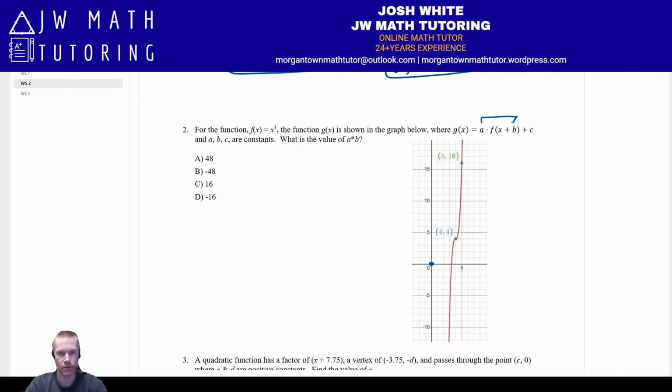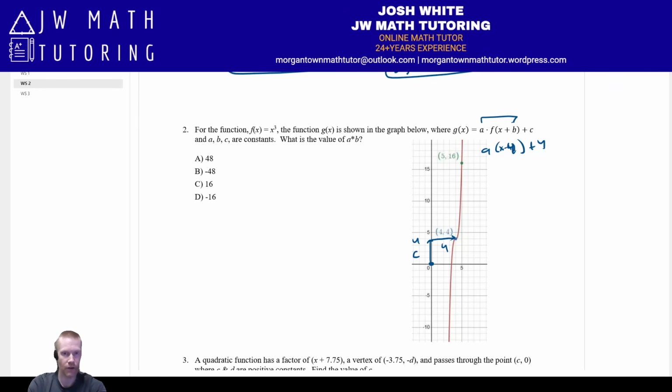So in other words, what's happening here is it's going up 4 and it's going right 4. That means the c value is going to be positive 4 because of the upward shift, and the b value is technically negative 4 because it's going to the right. So it's going to look something like this.